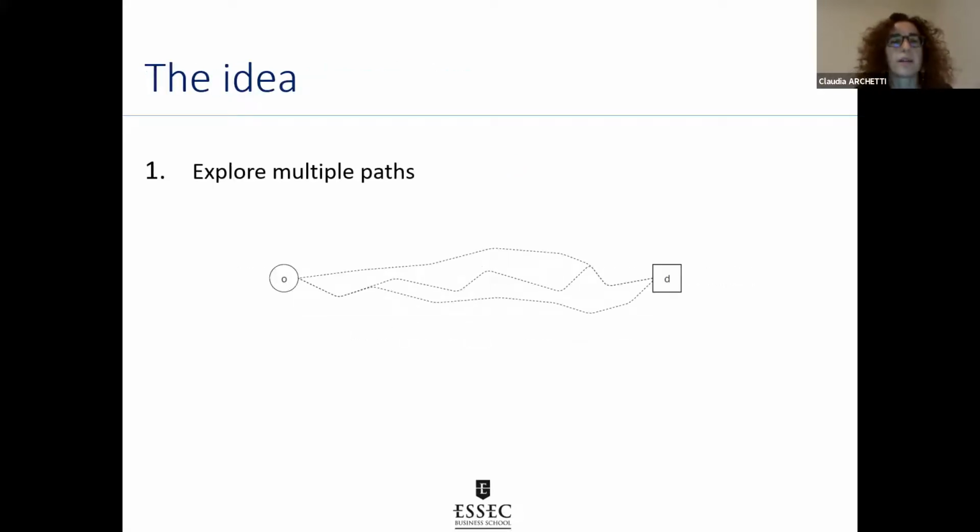Okay, I will present you step by step how the algorithm works. So we have our origin destination pair. The first thing that we do is determine the k best paths that go from the origin to the destination. In our simulations, k has been set equal to 3.